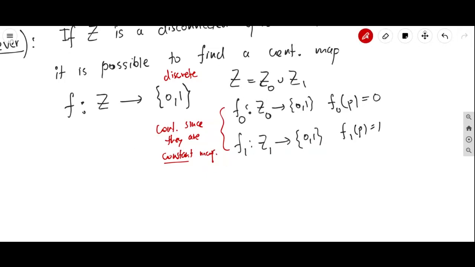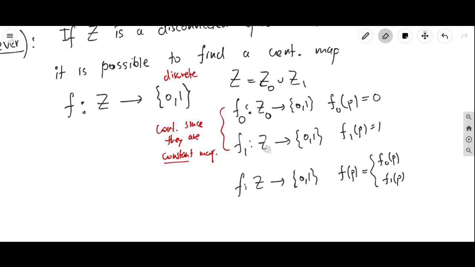Then you put them together, and you define a mapping from Z into {0, 1} by gluing the two maps together. You say F of P is F0 of P or F1 of P, depending on whether the point belongs to Z0 or Z1.